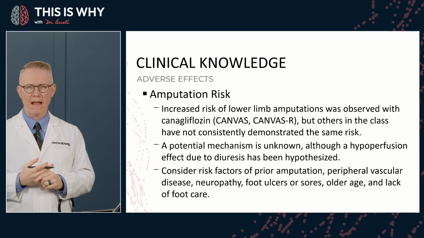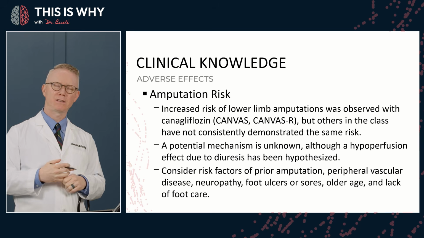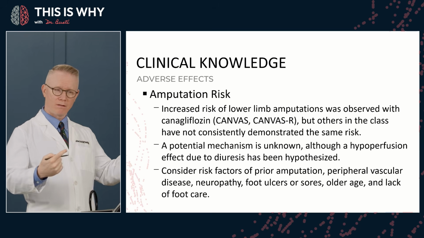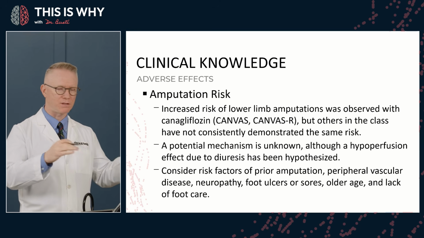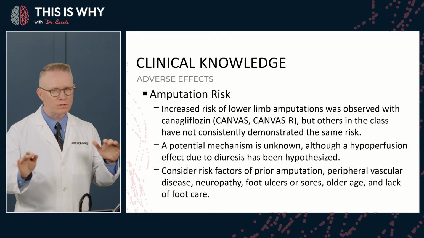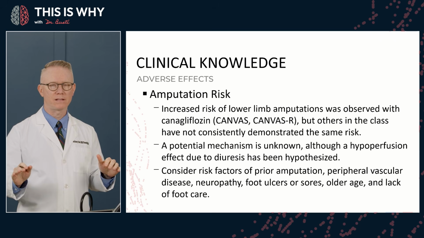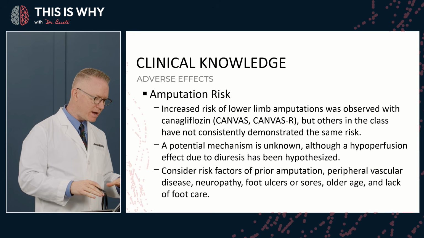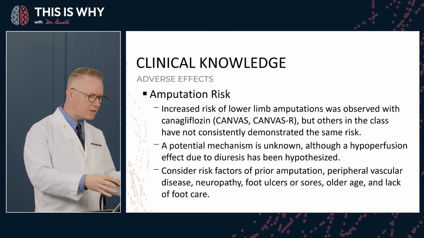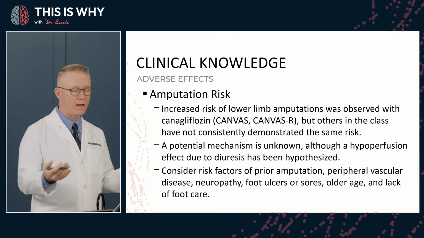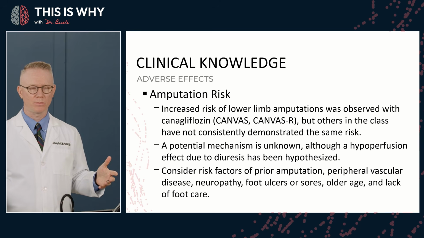Now, amputation risk. You're like, what? So you see why I was like, yeah, it's got some cool mechanisms, cool benefits, all this stuff, but there are issues with this drug class, okay? And so the same thing here, why would someone lose a limb? Well, one is infection, okay, number one.